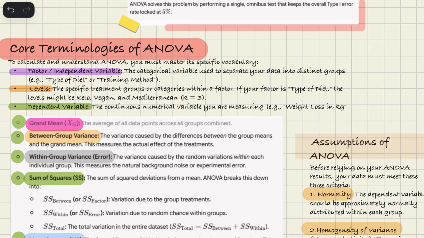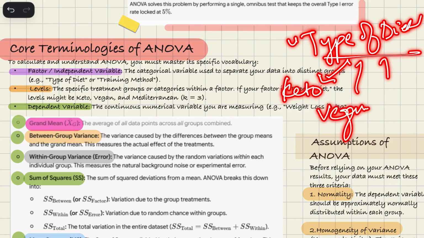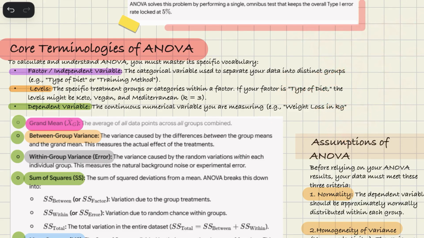For example, if your factor is type of diet, the levels might be keto, vegan, and Mediterranean. So what are the levels? We have 3 levels, so K is equal to 3. Simple as that. And then we have the dependent variable.